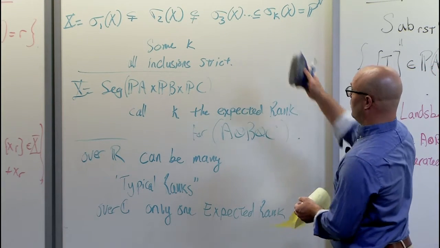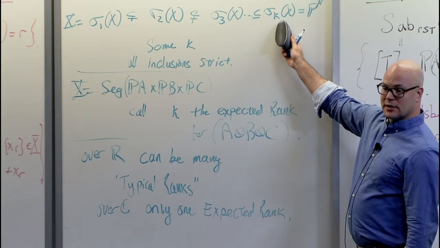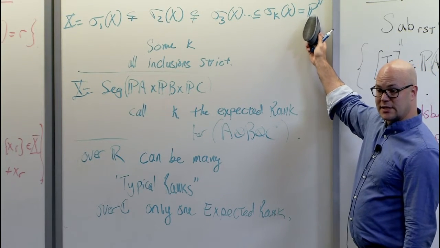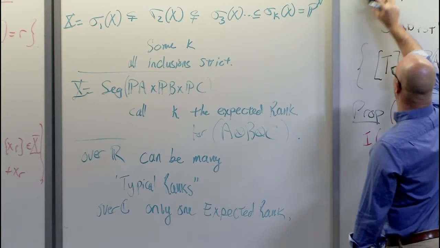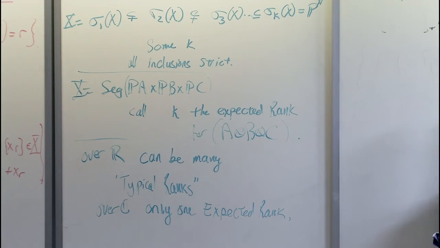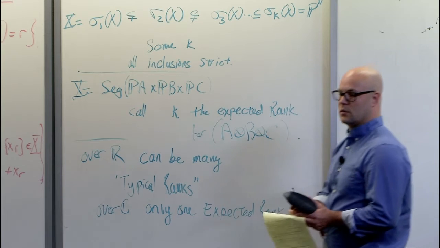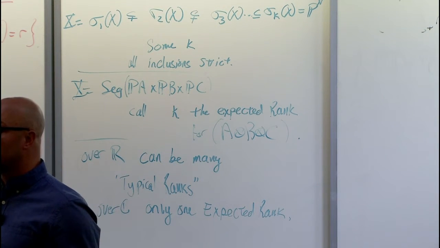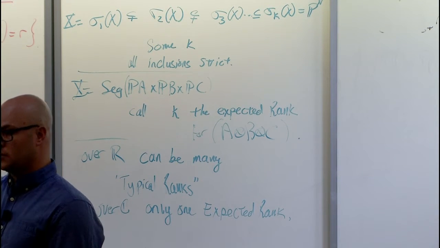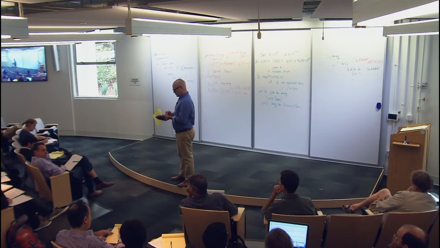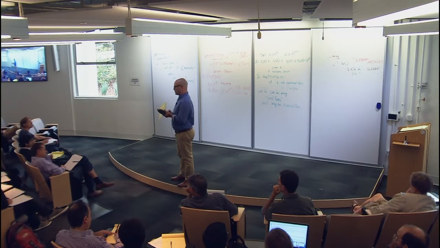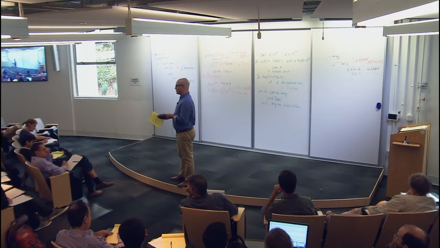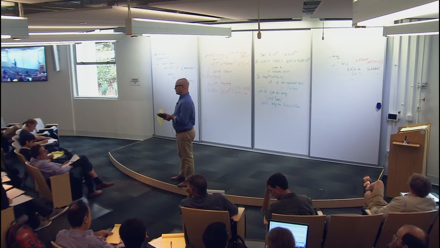Okay, so now we just need to figure out when the secant variety fills its ambient space, and then we'll know what to expect for the rank. Does the expected rank have some distribution, so that the rank of a random tensor will be equal to the expected rank? Yes.